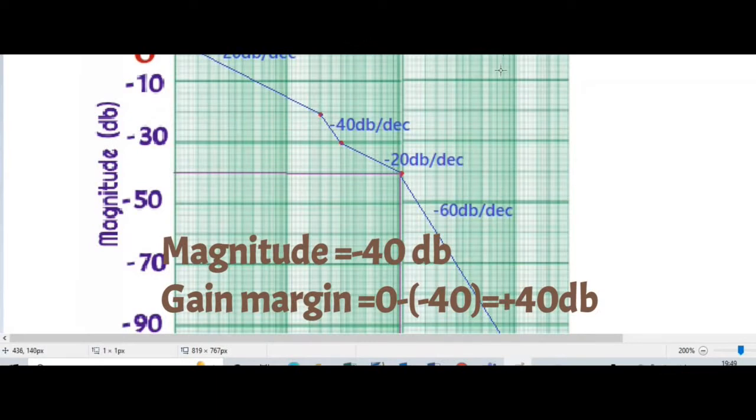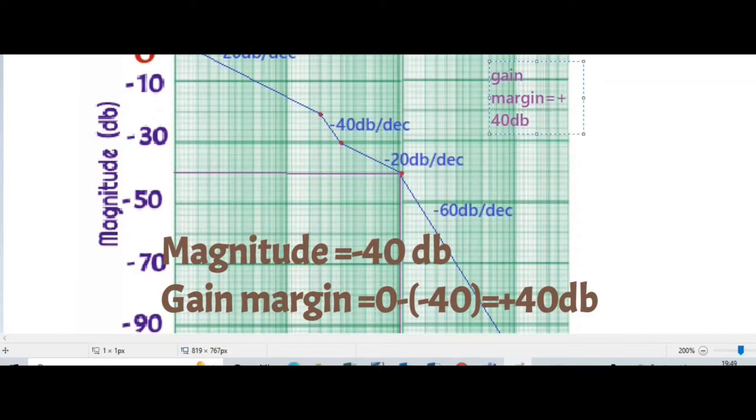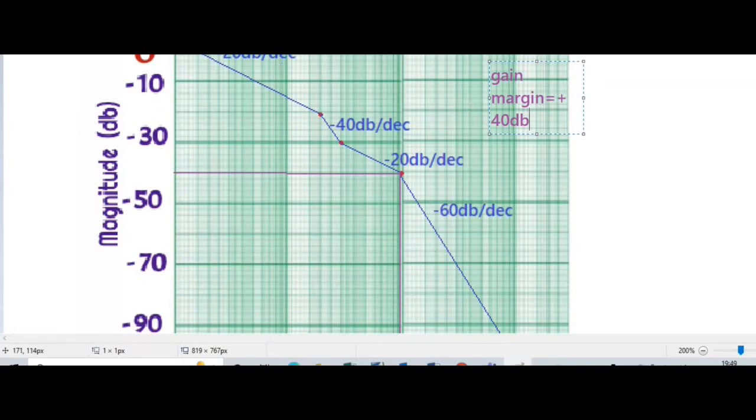So we will write here gain margin as plus 40 dB. So this is the gain margin that we will write. Now we will move to the next, how to show the phase margin. Before that, we will also see how to show the phase crossover frequency.